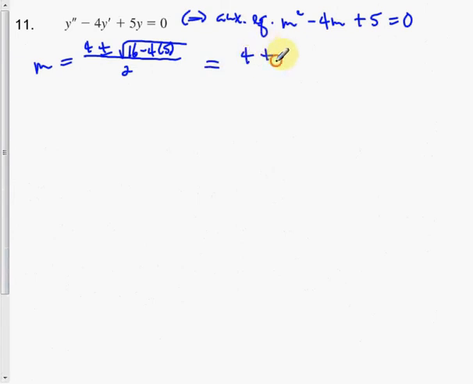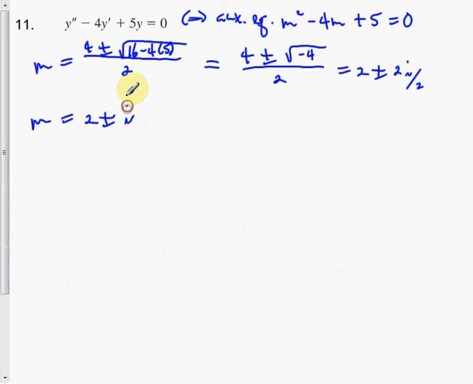So we have 4 plus or minus the square root of negative 4 divided by 2. So we get 2 plus or minus, this is 2i, divided by the 2 there. I already divided the 4 by 2. So m is equal to 2 plus or minus i. All we need is that alpha is equal to 2 and beta is equal to 1. So we can write the solution in that form.